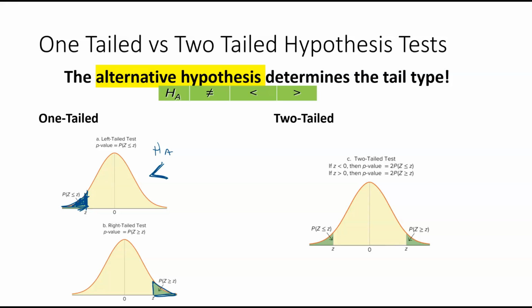If it was going to the right, it was a right-tailed test, and the alternative hypothesis would have an inequality symbol going that way. This is, again, a less than, and this is a greater than, if you're someone who's struggled in the past. And then a two-tailed test is when your alternative hypothesis is not equal to.